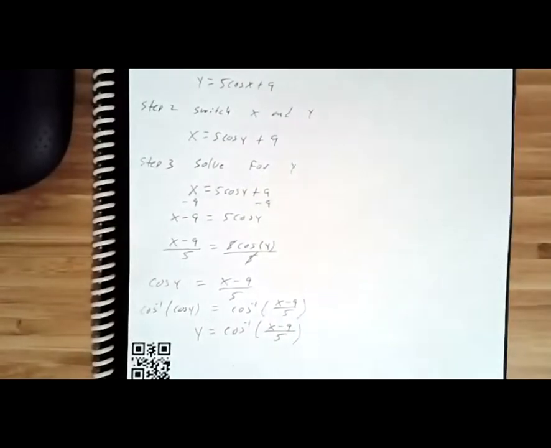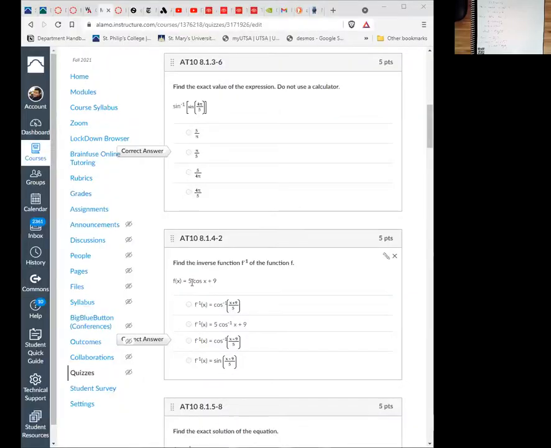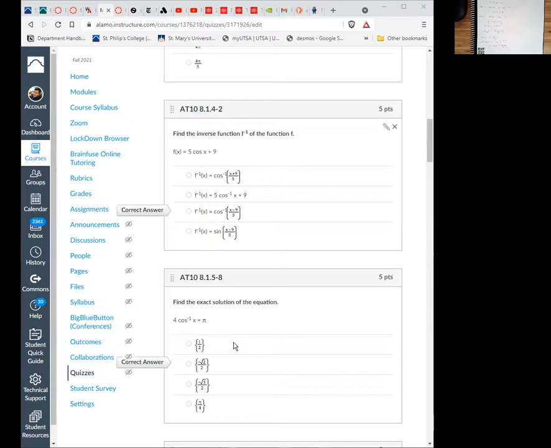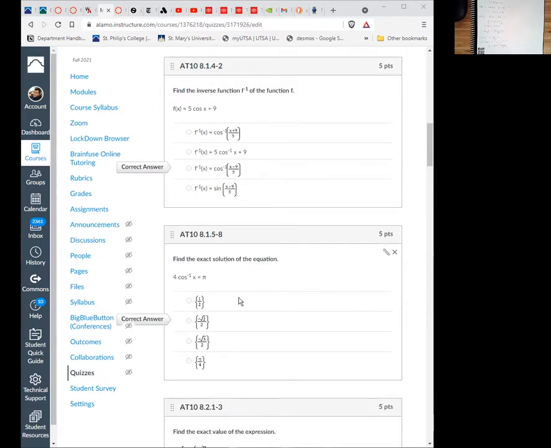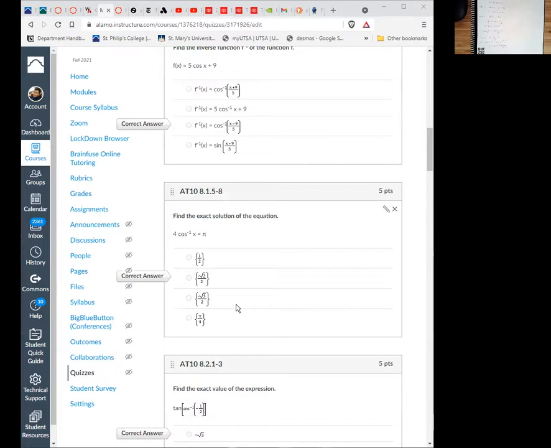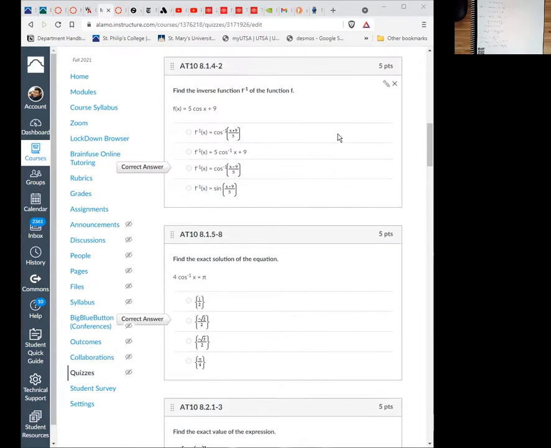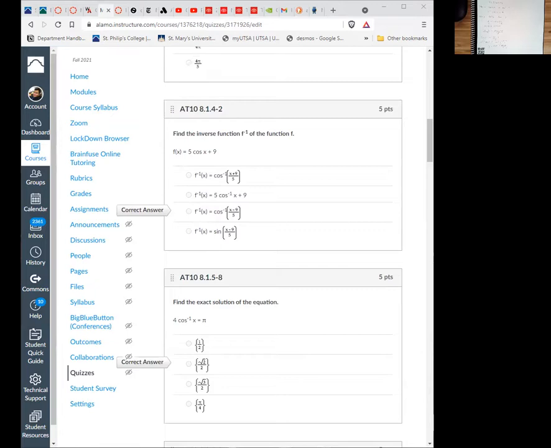Okay, so not too bad, right? So here it is. And that's what we found. Let's see here, number 5. Oh wait, I'm sorry. I was looking at how it's written up there.